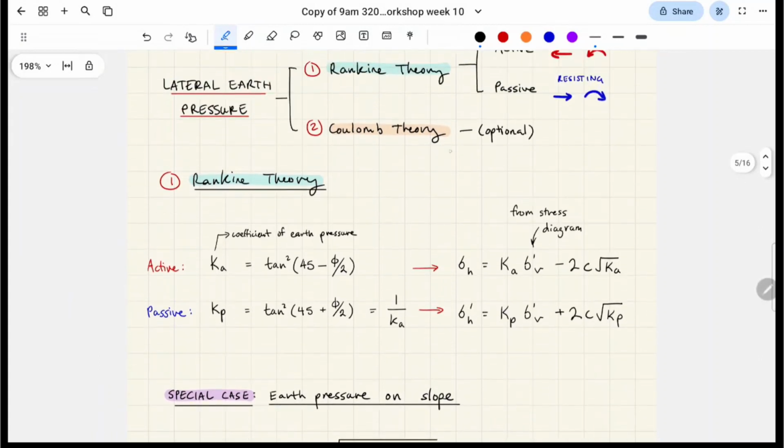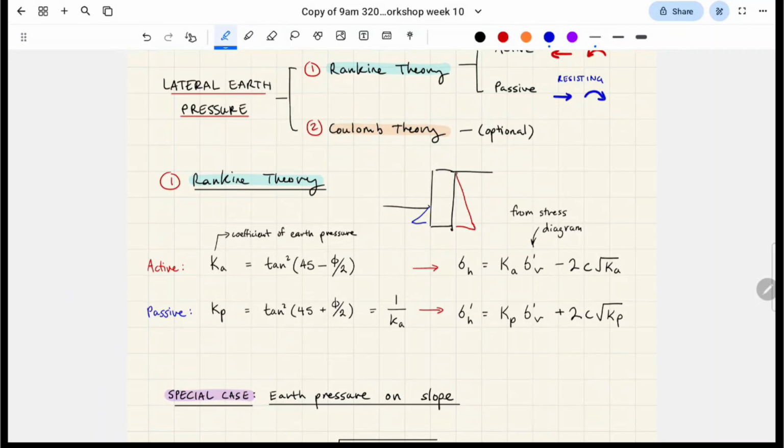Basically, the idea is that for a retaining wall, let's just talk about a rectangular one like that, you have your, you know what? This is your active earth pressure, and that's your passive earth pressure.